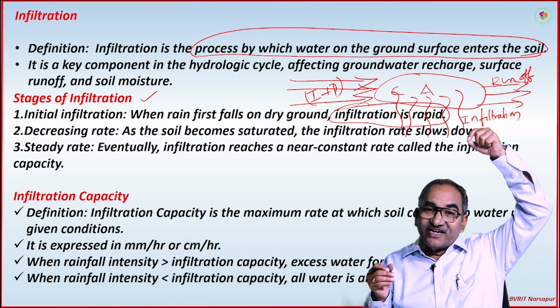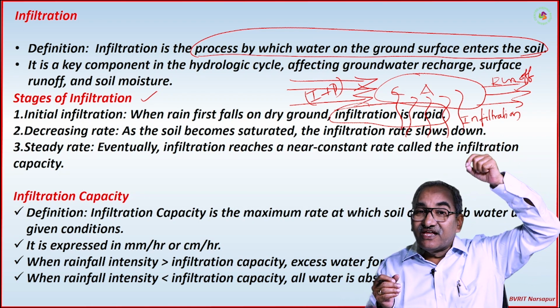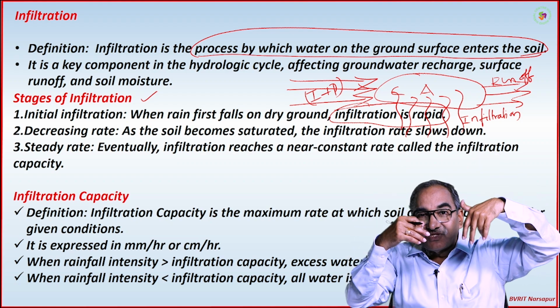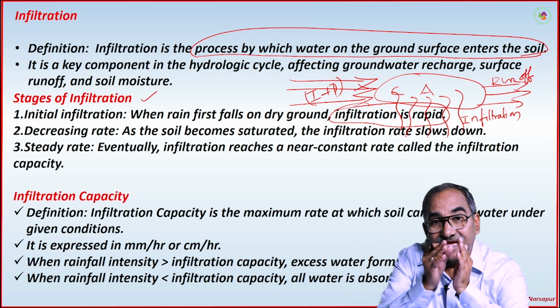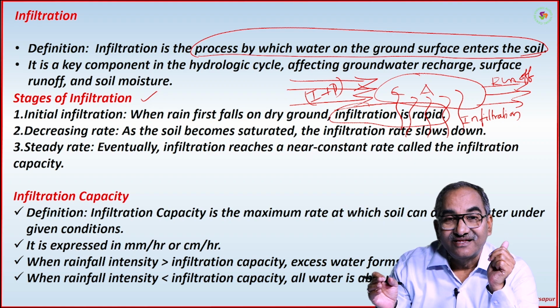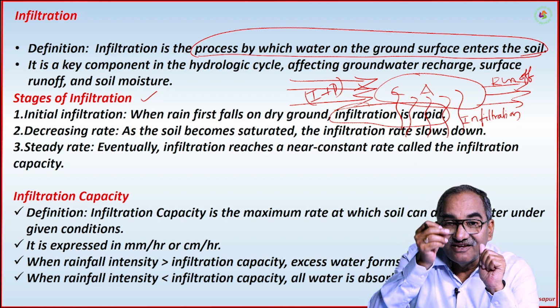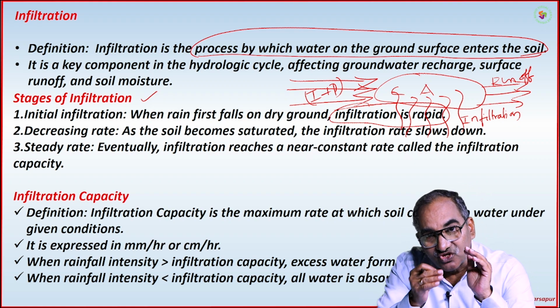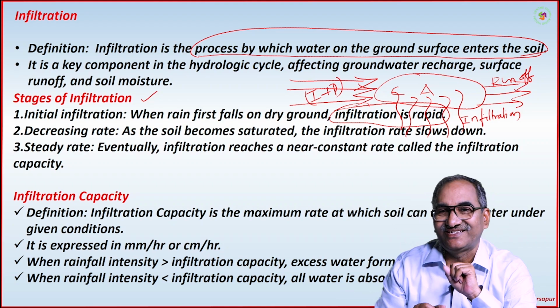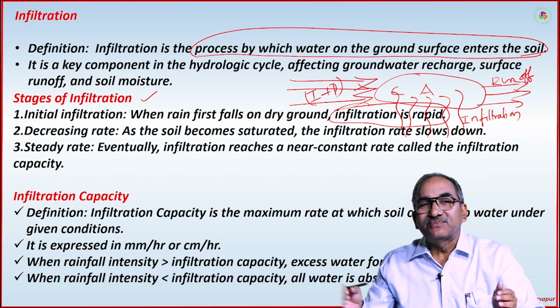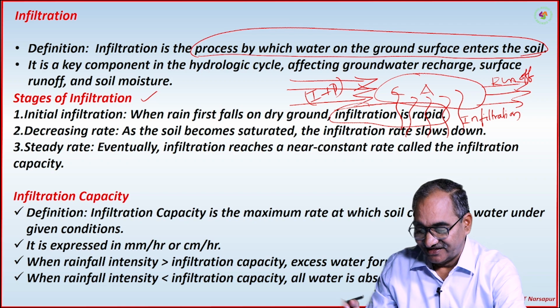Initially, the infiltration rate is very, very high. Whatever comes onto the ground, everything will be infiltrated. But as time progresses, this infiltration rate goes on decreasing, and it decreases exponentially.